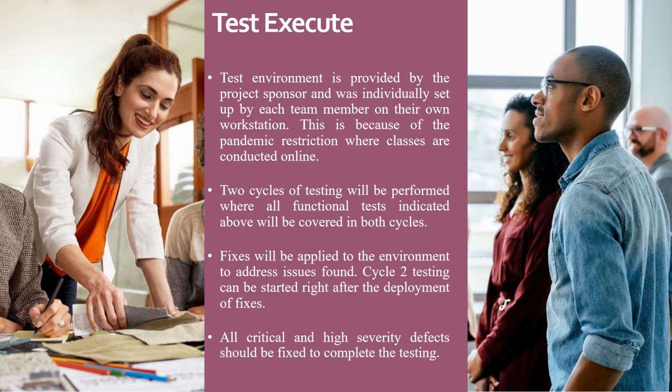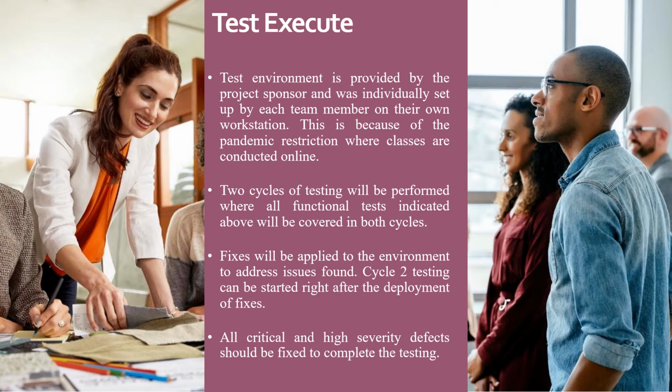Critical and high defects found during the test execution in the first cycle need to be fixed before proceeding to the next cycle. Any medium or low defects have to be discussed with the project sponsor before proceeding further in testing.